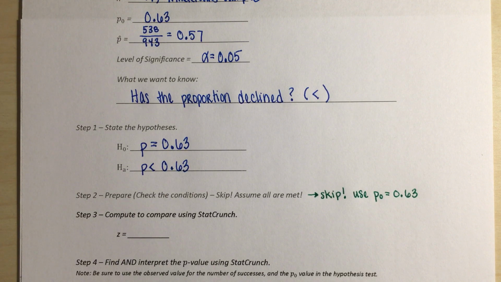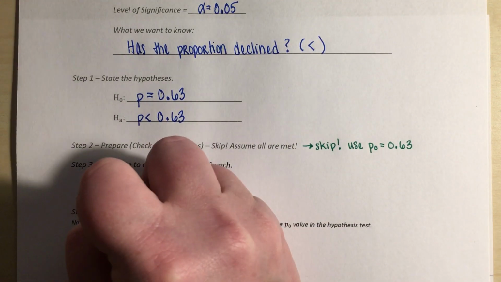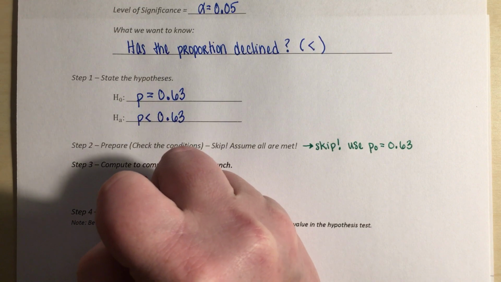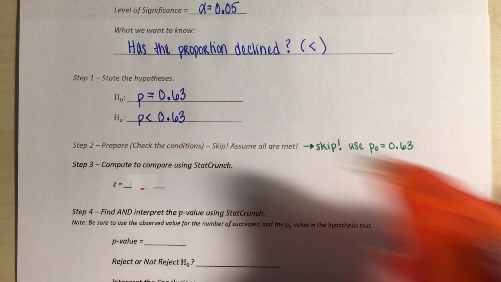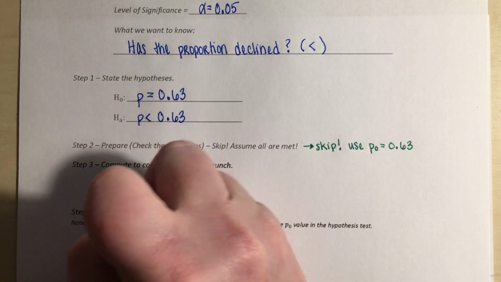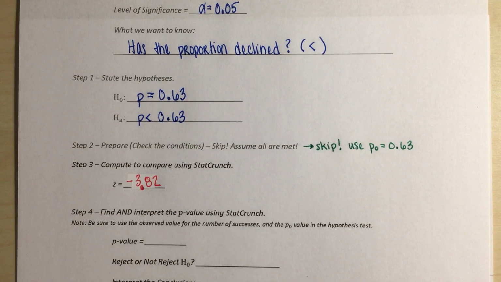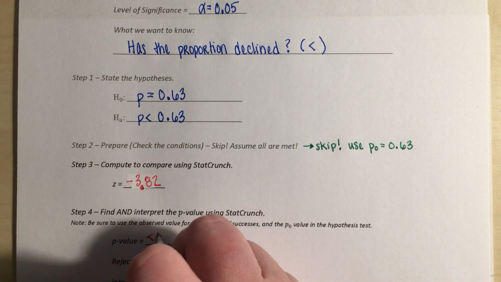We're entering the number of successes and the number of observations in our sample. So the Z that we get is negative 3.82.